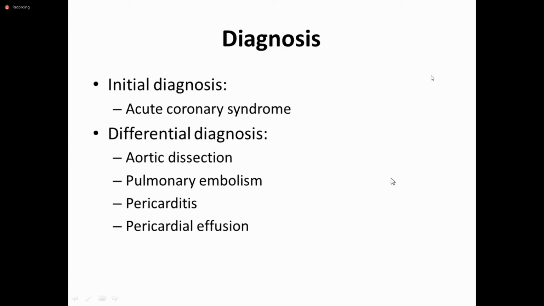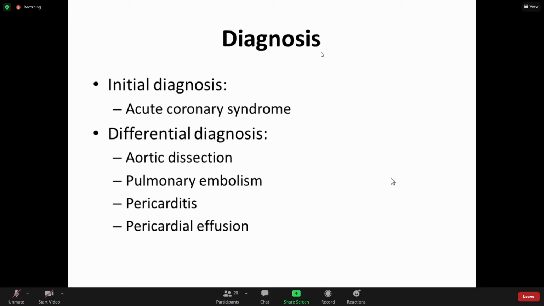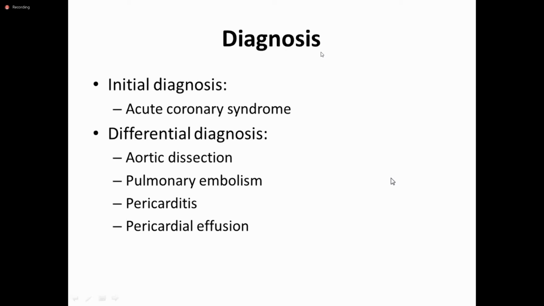And then pericarditis. When I listen to your history, it's very typical for acute coronary artery syndrome. However, we need to be very cautious if the patient has a really typical history, but the EKG is normal. Of course, EKG is not really sensitive in diagnosing acute coronary artery disease.